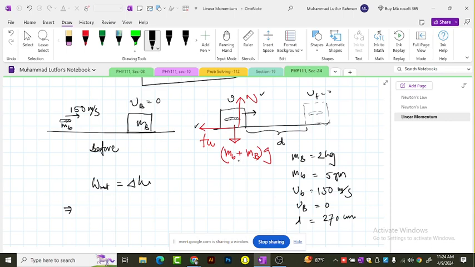The work done by the normal force and the gravitational force would be 0, because they make a 90 degree angle with the displacement. Displacement is in that direction. So if you write it down, work done by the normal reaction force plus work done by the gravitational force plus work done by the frictional force must be the change of kinetic energy, kinetic energy final minus kinetic energy initial. Final kinetic energy is 0 because it stops over there.